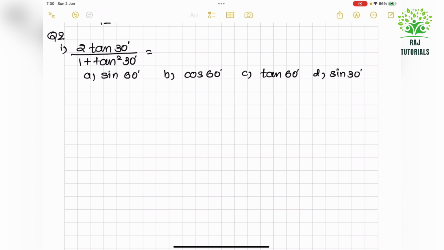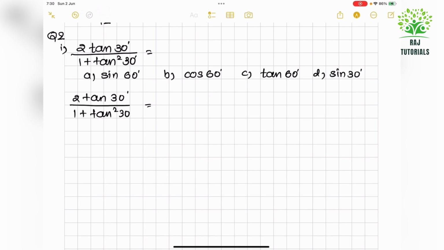Now next question is choose the correct option and justify your choice. So it is an MCQ. 2 tan 30 upon 1 plus tan square 30 degree equal to whether it is sine 60, cos 60, tan 60 or sine 30. So the simplest thing is I put the values and I solve it first.